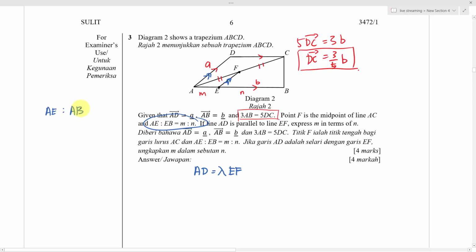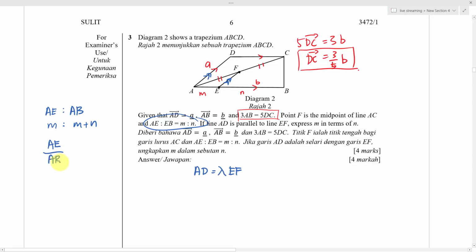Because I already have AB, which is just B. But in the ratio, it is like this: if I say AE is ratio M, then AB is basically M plus N, isn't it? You can see AB is both M and N joined together. So then I want to form an equation like this.